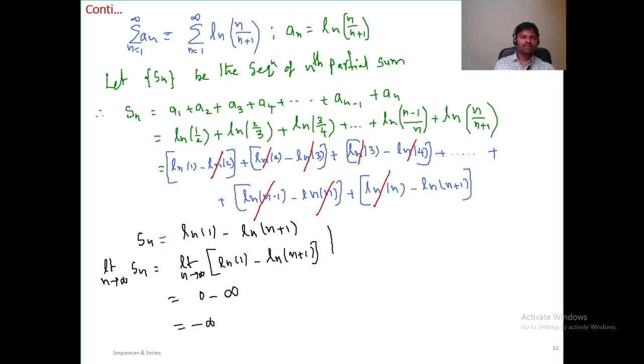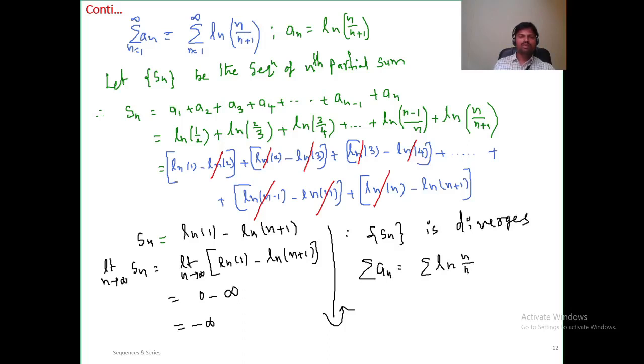Therefore, the sequence of nth partial sums Sₙ diverges because minus infinity is not a finite number. Once the sequence of nth partial sums diverges, therefore the series Σ aₙ, which is the series ln of n by n plus 1, also diverges. Look, it does not converge.